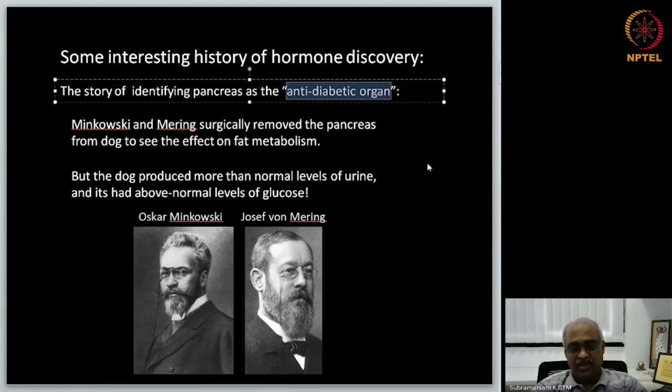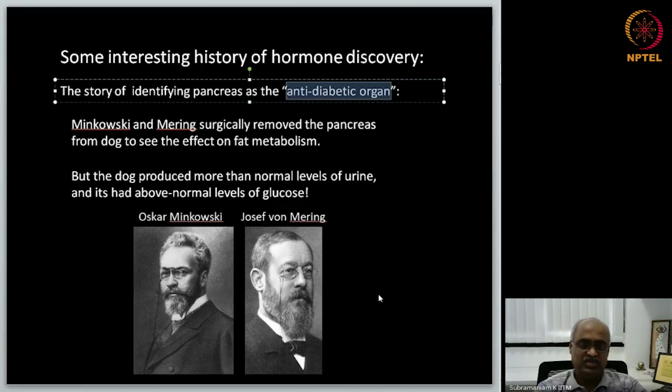It's primarily because the active principle here is insulin, and insulin is a protein. And the pancreas, as we have seen, produces proteases. So probably when they hadn't taken care of inhibiting the proteases, insulin was degraded.